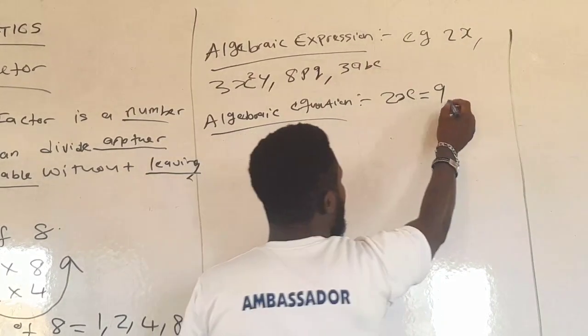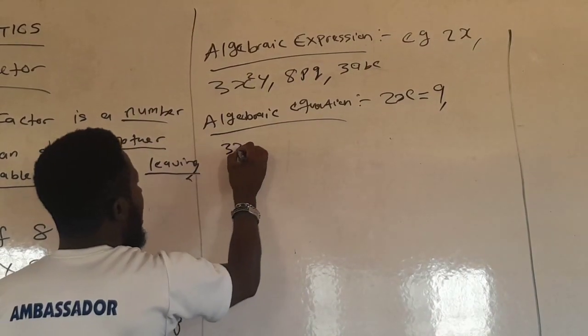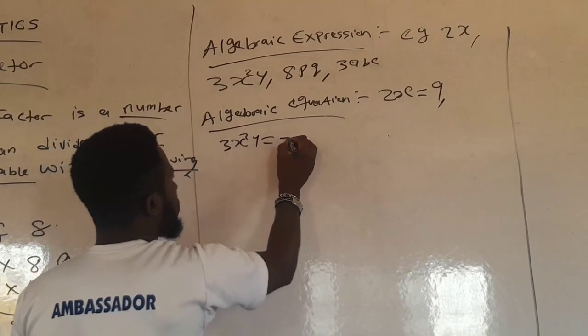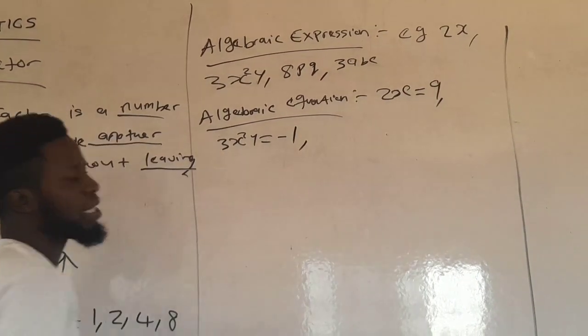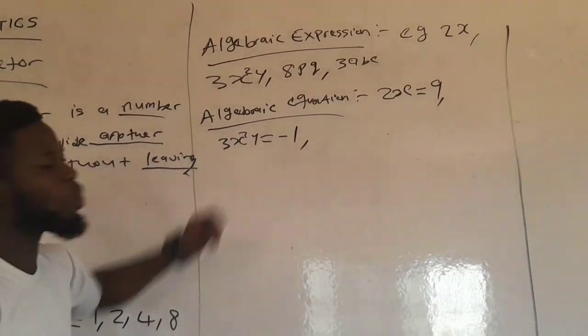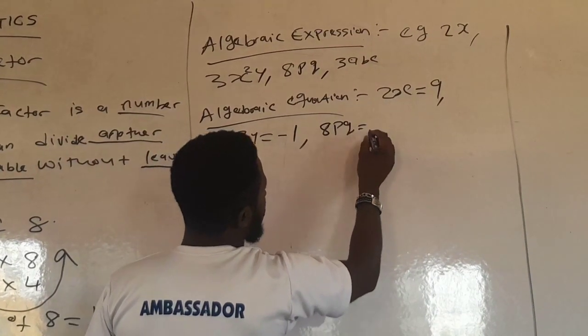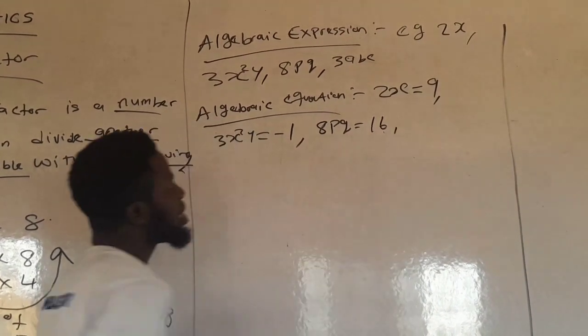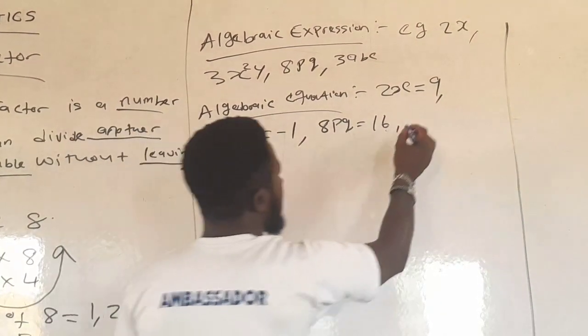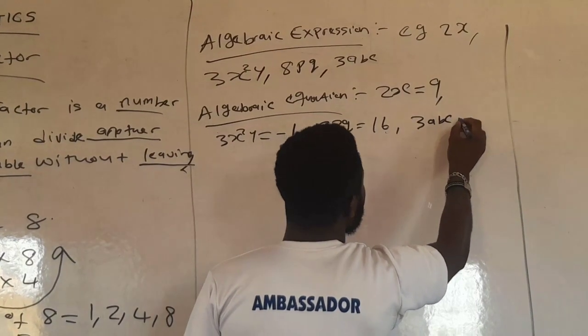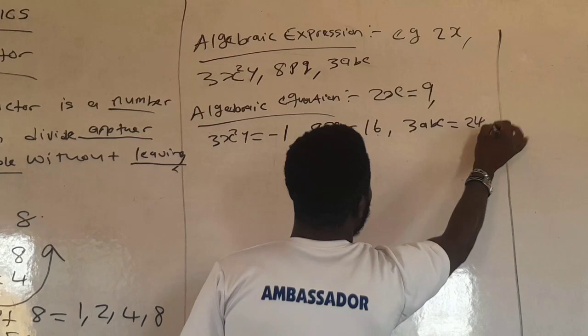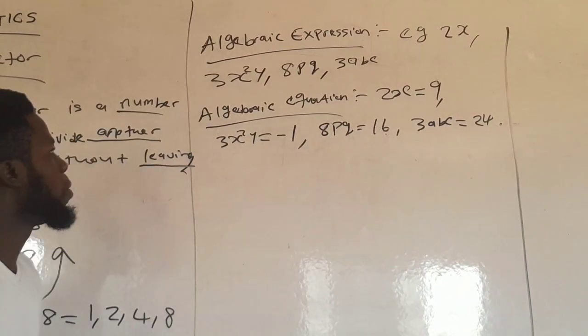An equation. Let's say, come out. You can have 3x squared y equals to minus 1. This is an equation because there is equality sign. I can have 8pq equals to 16. This is an equation. You can have 3abc equals to 24. And so on and so forth.